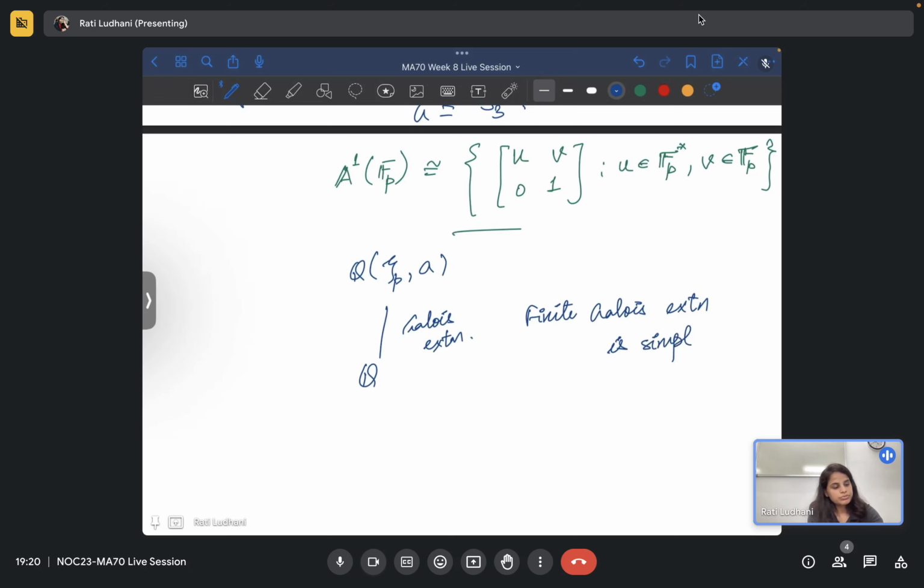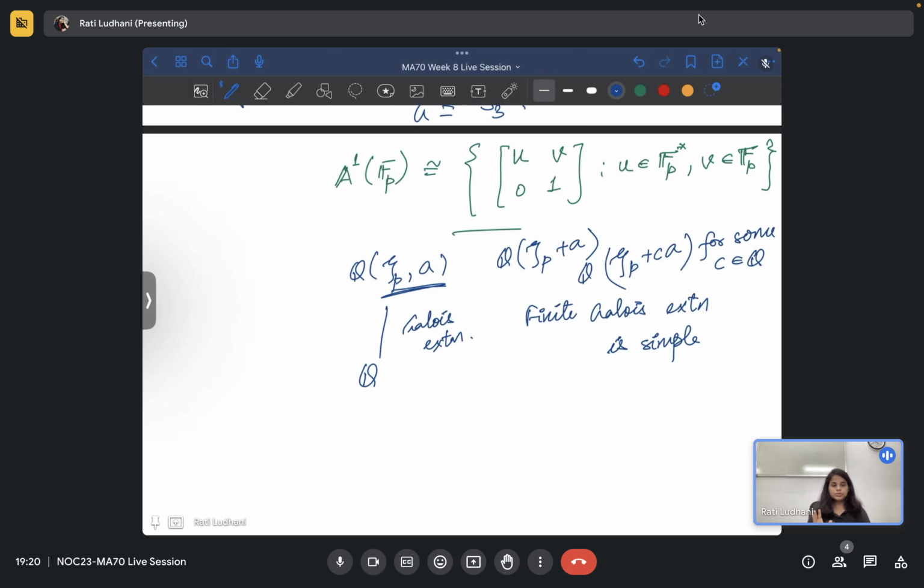So actually you can find one primitive element by which this can be generated. Maybe this can work: zeta p plus a, or at least zeta p plus c a, that can work for some c belonging to Q.